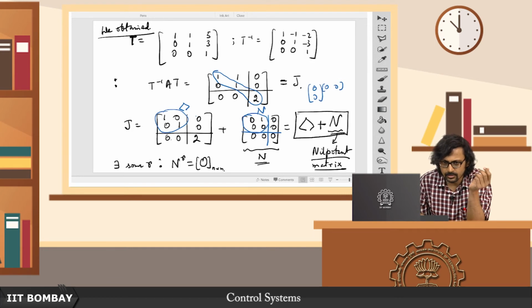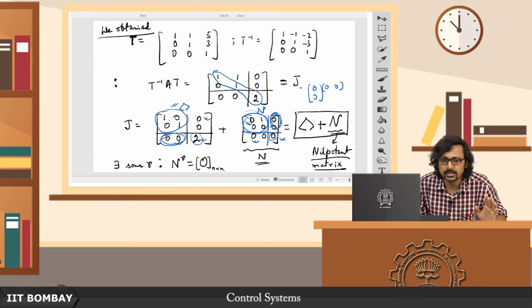When you multiply the 2, 2 block, this multiplying with this and this multiplying with this, that is again going to be 0. Finally, for this block, this multiplying with this is a 0, and this multiplying with this is also a 0. And lastly, you multiply this with this, which is a scalar 0, and this with this, you get a 0. So the only thing that remains is this first entry.